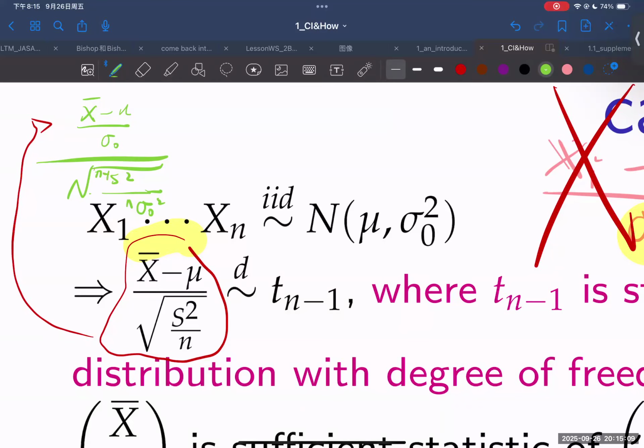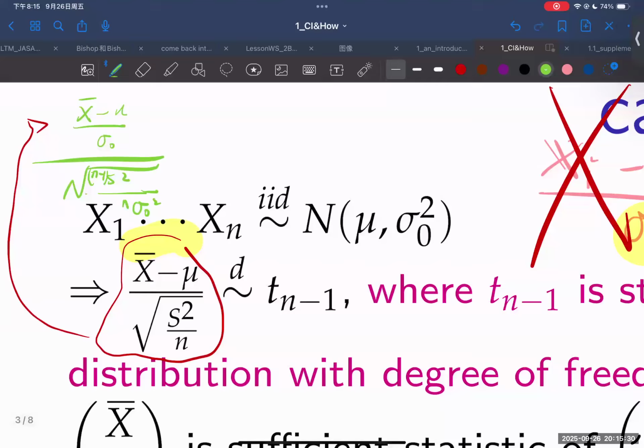If you have n minus 1, that means, if you keep n, there should be a square root n here. Yeah, I know. So accordingly, you have it. You see?